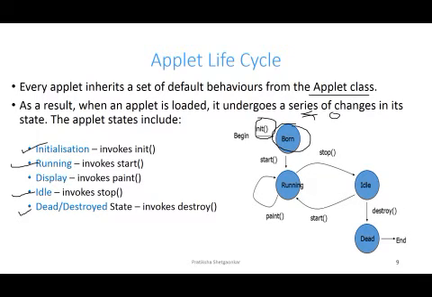The second stage in the applet life cycle is the running state. The applet enters the running state whenever the system calls the start method of the Applet class. This will happen automatically when the applet is initialized. Starting can also occur if the applet is already in the stopped or idle state.